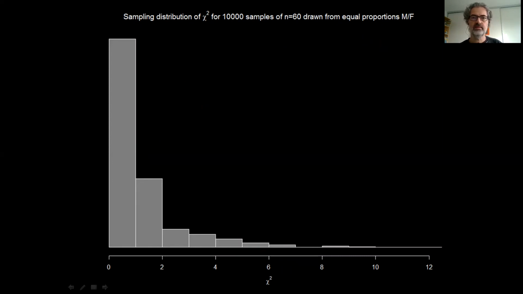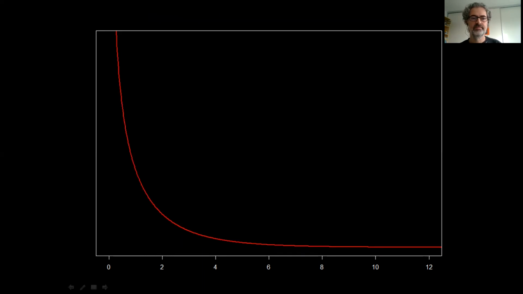And as it turns out, this has already been worked out mathematically, and there is a theoretical curve to which our samples conform. So this is the mathematical curve that we just matched with our simulation. We don't need to do these simulations all the time because we know this curve. The mathematicians have provided that for us. And this is the chi-square curve for two categories.